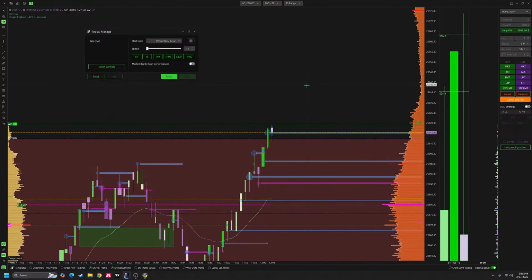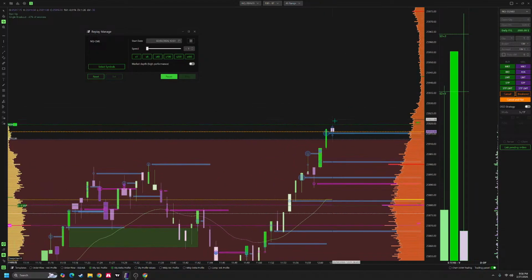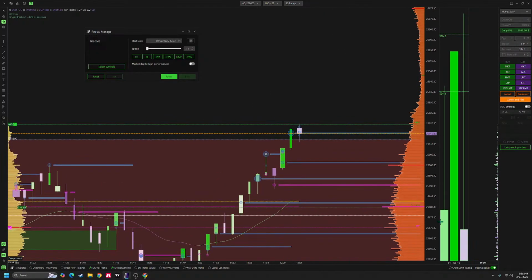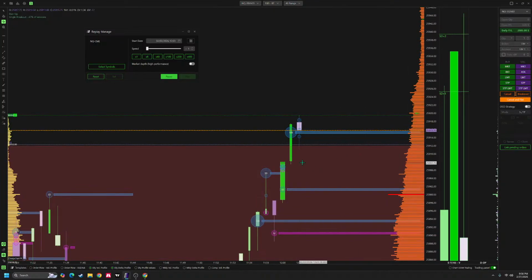But looks like sellers, lots of buying pressure, but sellers absorbing. Do I think sellers are absorbing? Buyers are still pushing. You know what we're going to do here?